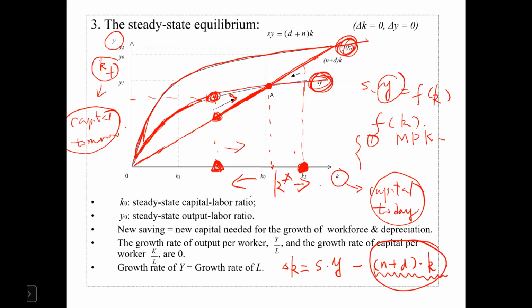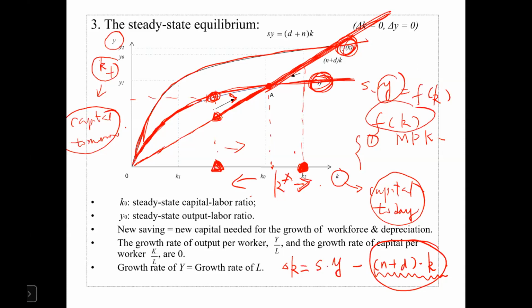So it must be the case that this curve gets flatter and flatter once you accumulate more and more capital. And what that implies is eventually this line must be below this straight line, because eventually the marginal product is going to decrease to 0. Right, this is number 1.